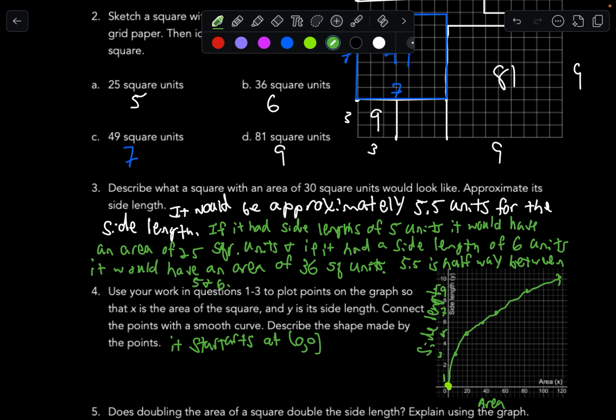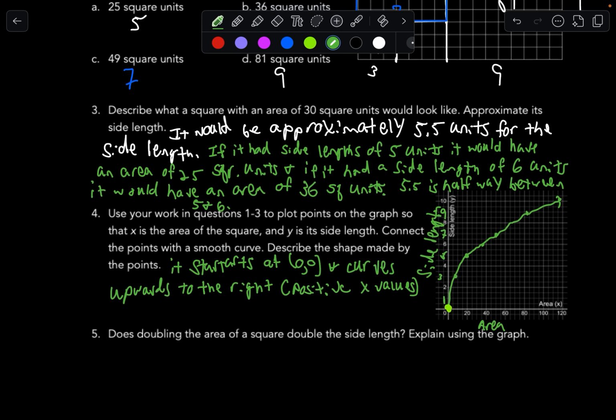And curves upwards to the right, which is the positive x values.